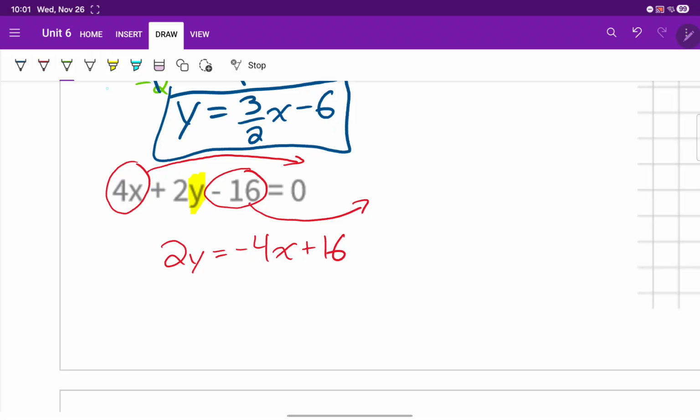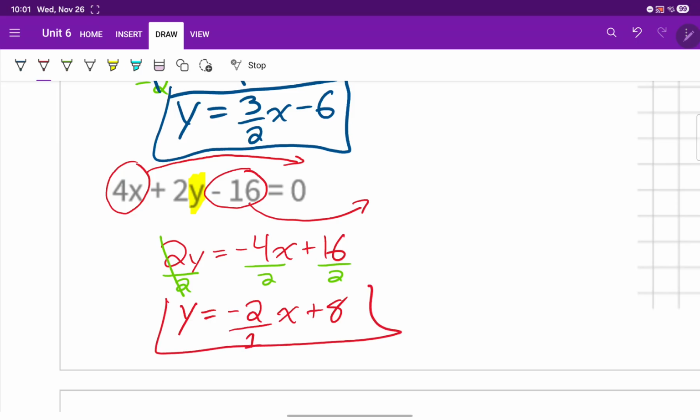Change sides, change signs. We're going to get y by itself by dividing both sides, everything, by 2. These cancel out. We are left with y equals negative 4 divided by 2, which is negative 2 over 1. I'm going to keep it as a fraction because we are going to be graphing it. And that becomes plus 8.